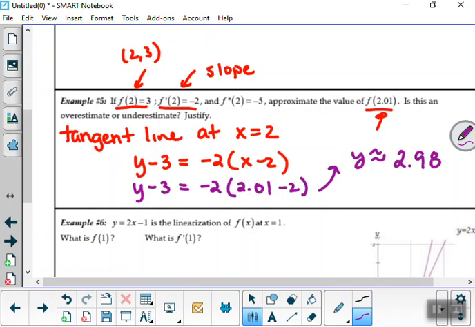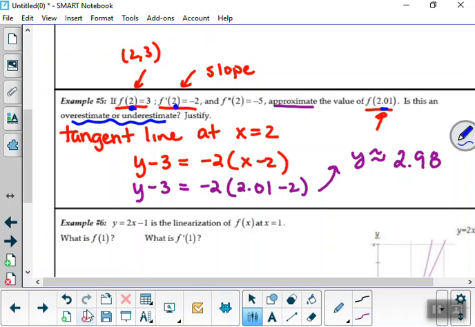Okay, if you're looking at it going, how am I supposed to approximate something? That's a good clue that this is a tangent line problem, because they're going to give you information sort of close to your number and then ask you to find the function value of a number. Now, second part of this. Overestimate or underestimate.